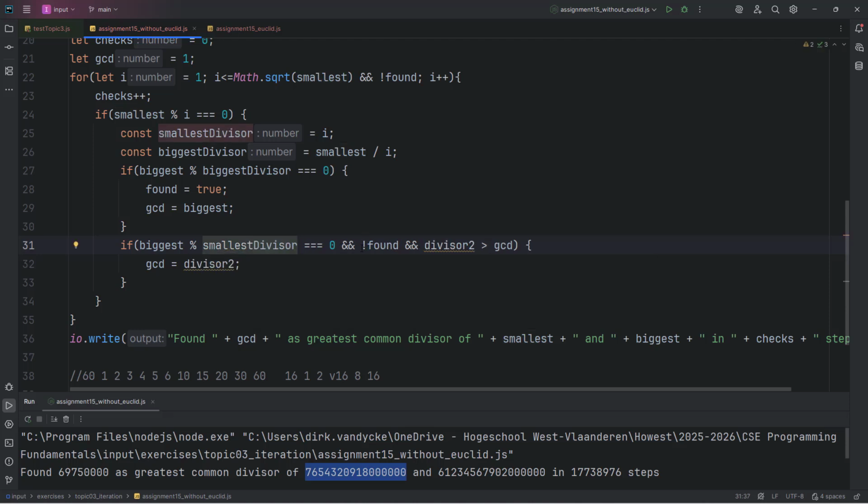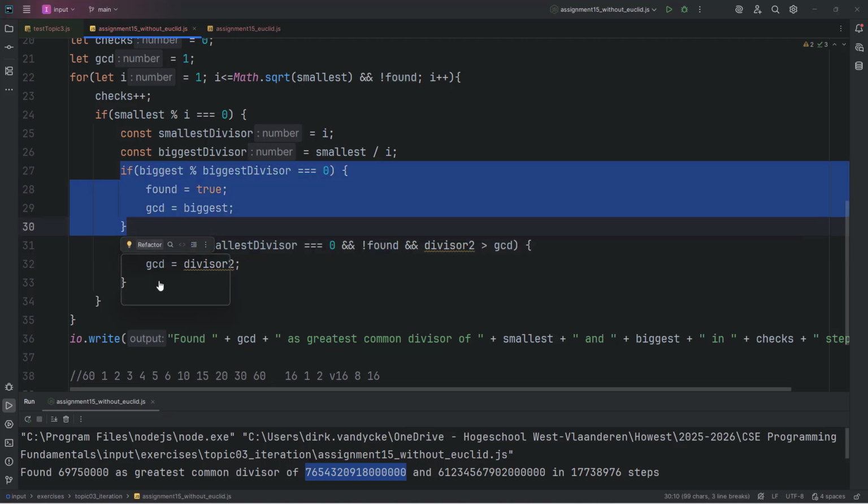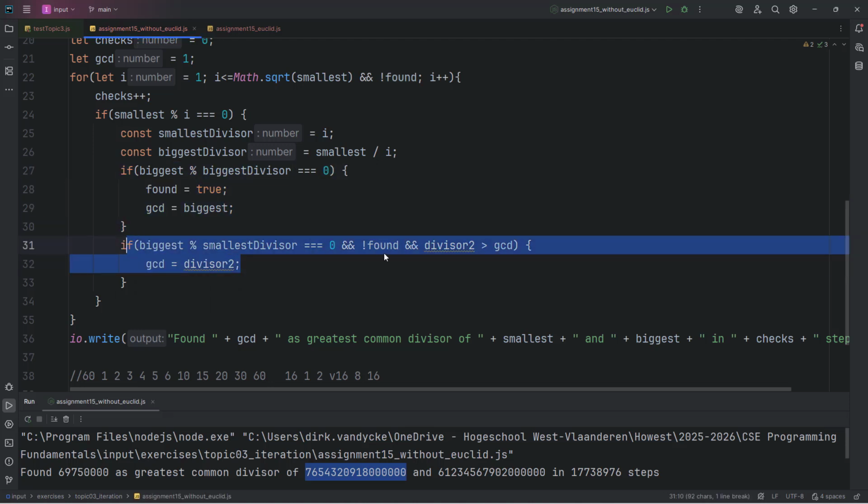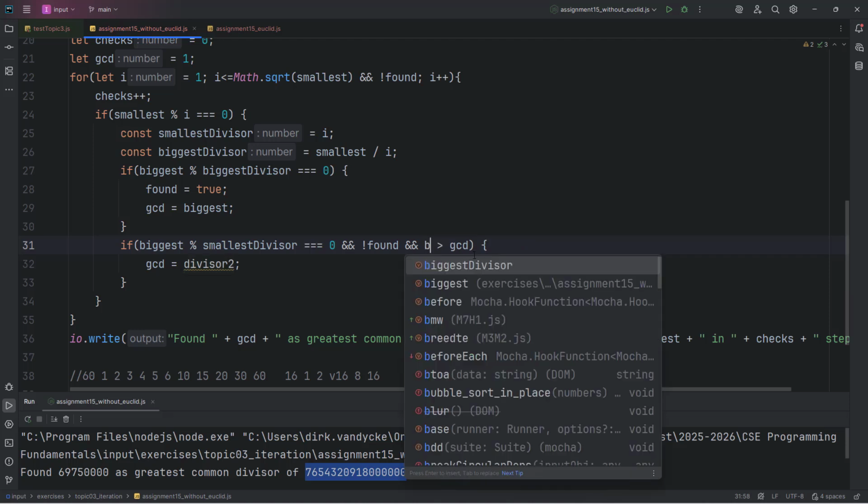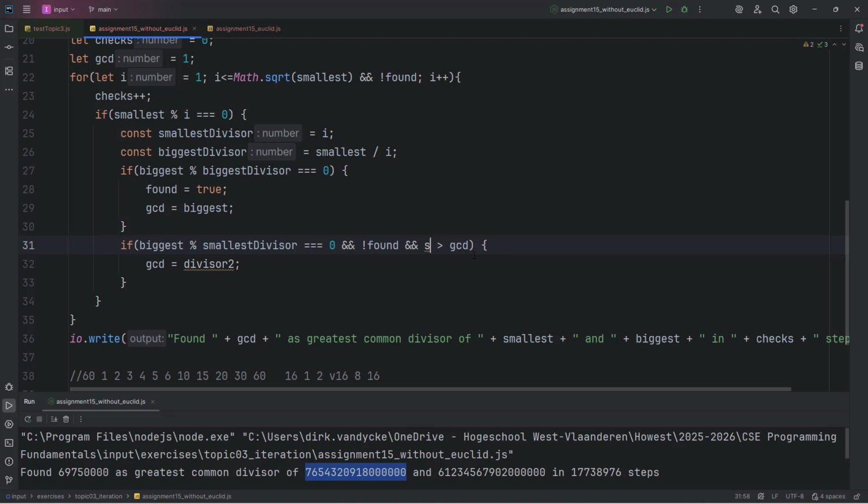Of course, only in the case I haven't found it, so it might be that in the same run I find it and I can't do this last check anymore. And of course my divisor has to be, no, smallest divisor, like this.